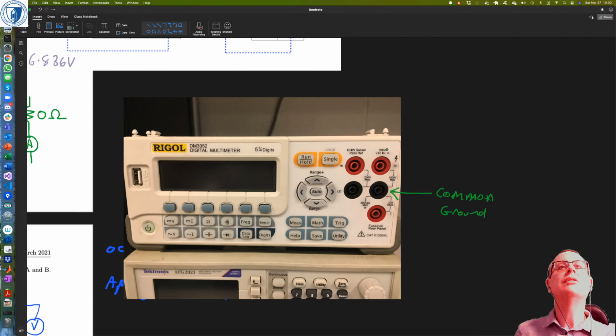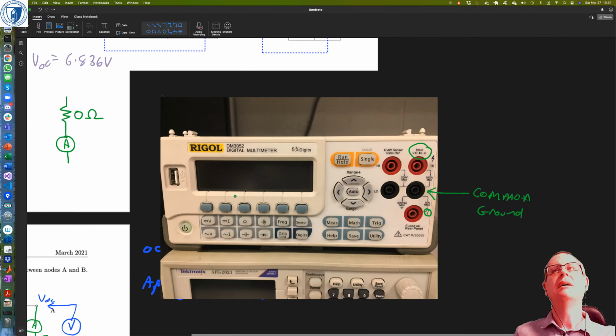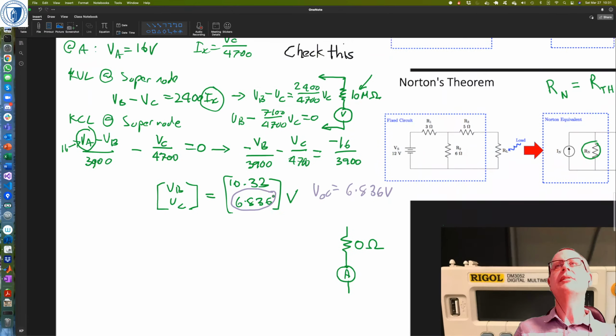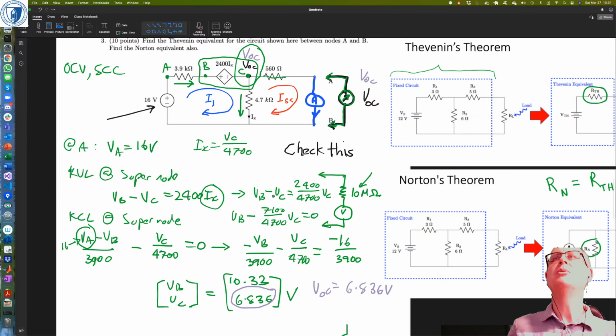And then here you can see if you're measuring voltage or resistance or a diode or a capacitance, you use this input. And here, if you're measuring current, you use that input. And that's a difference between measuring current and measuring amps. Sorry, a bit of an aside, but I thought it might be worthwhile talking about.